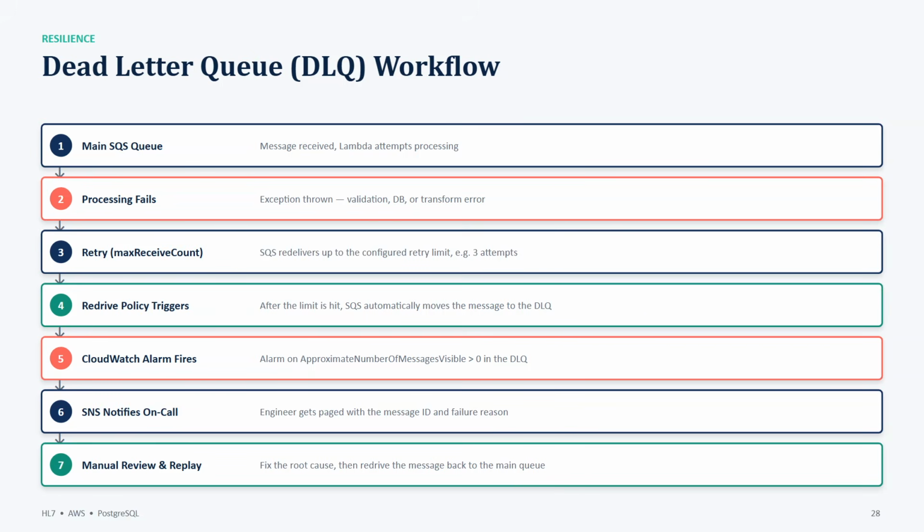That's not the end though. A CloudWatch alarm fires the moment anything lands in that DLQ, and SNS pages the on-call engineer. And once the root cause is fixed, that same message gets redriven back into the main queue and reprocessed. Nothing gets lost and nothing gets silently retried forever either.